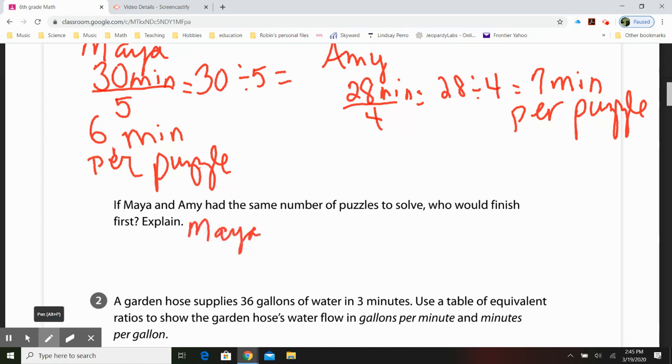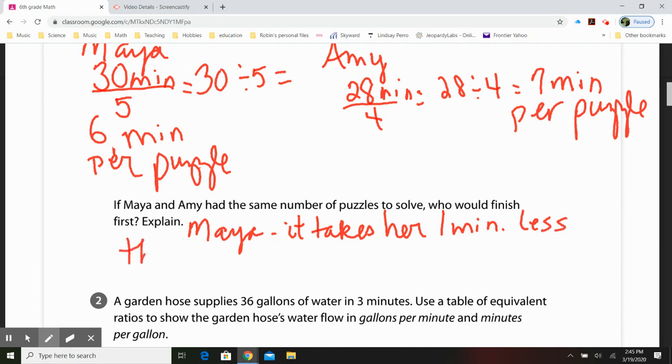And to explain that, we would say it takes her 1 minute less than Amy to do a puzzle. Okay.